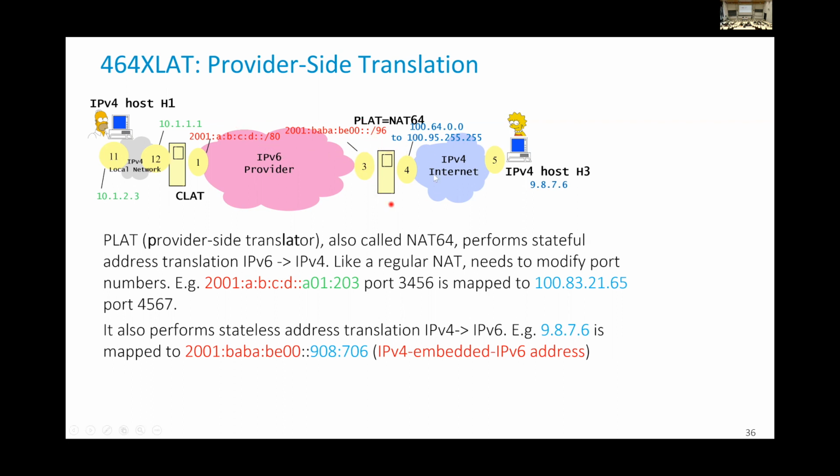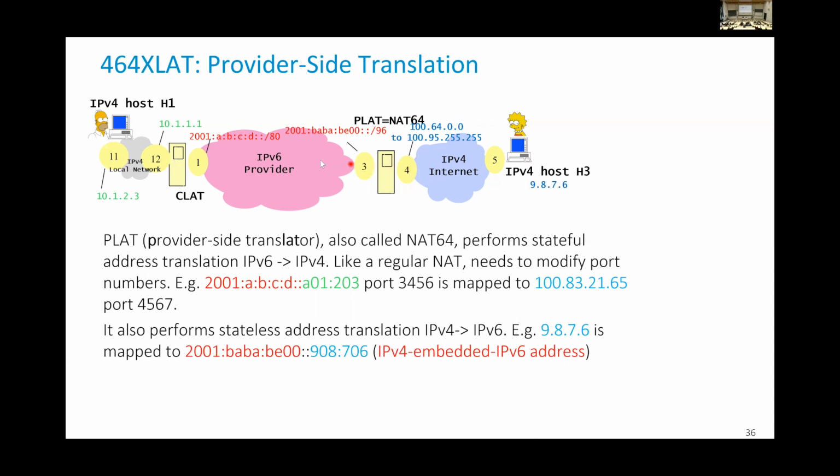Now, what does this machine do? It receives a packet, which is an IPv6 packet, that needs to be translated to an IPv4 packet. It has two translations to do, the source and the destination address. For the source address, there is a problem, which is the usual NAT problem. The source address is the green address here. That needs to be translated into a blue address.